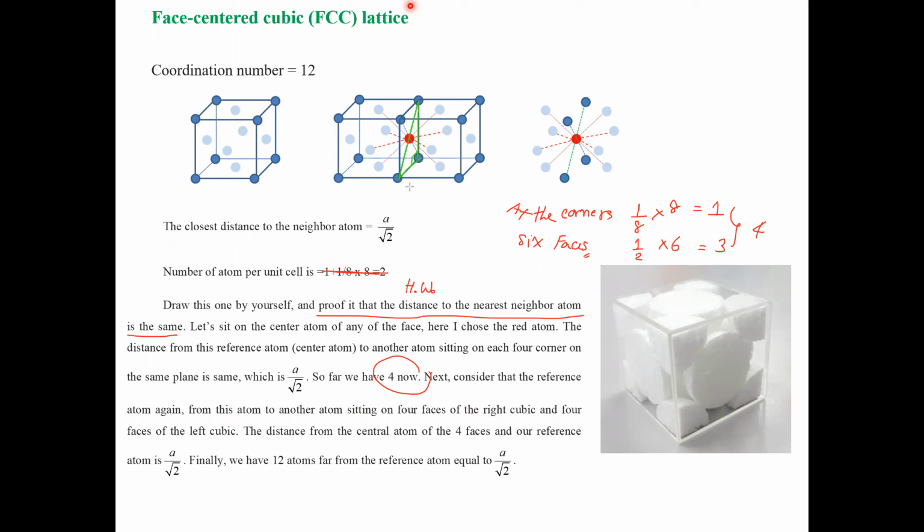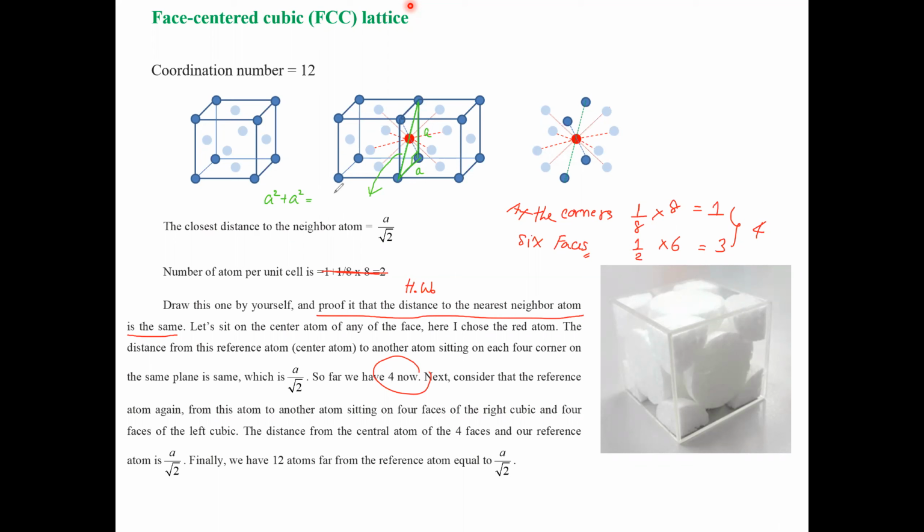Right triangle. We know this is what? A. And this distance is what? Is A, right? So this would be what? Remember? A square plus A square.